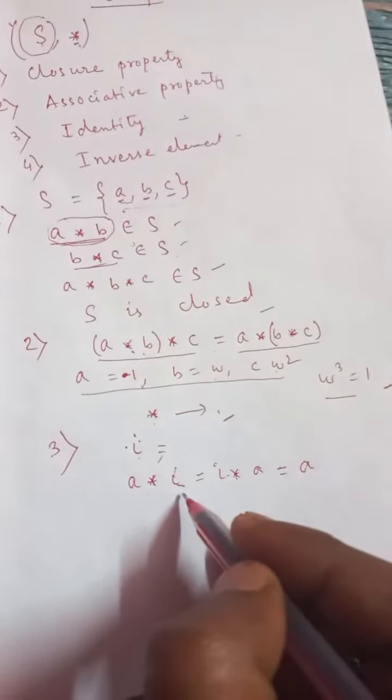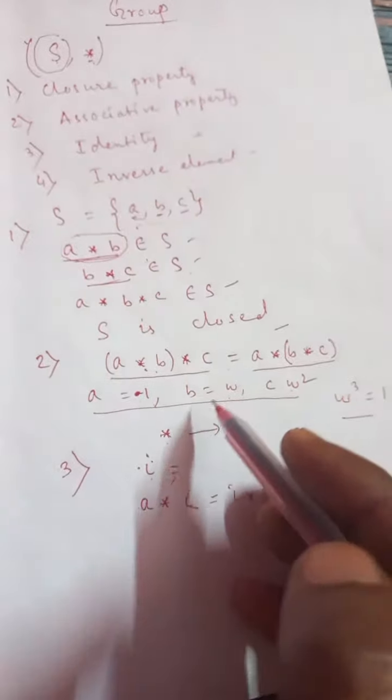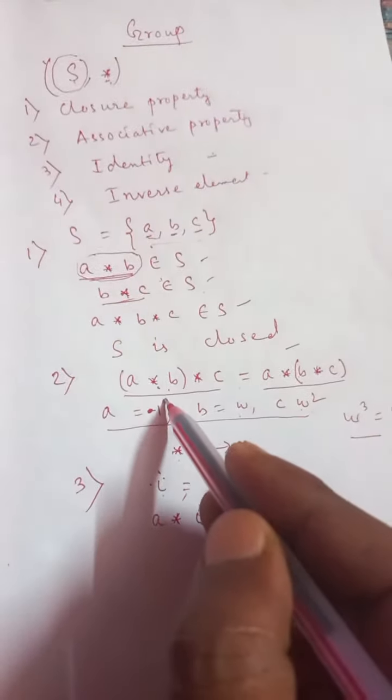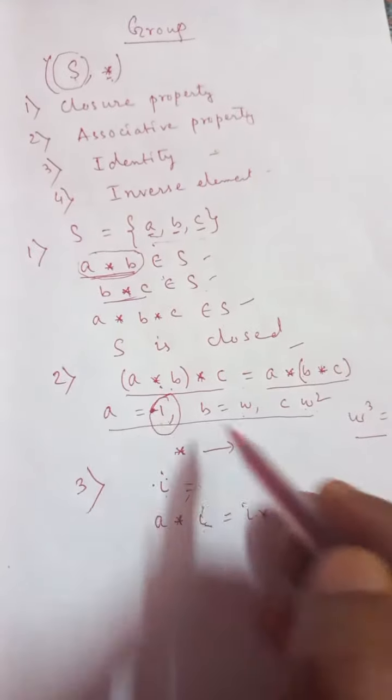So in this example 1, omega, omega square, we can find that 1 is the identity element.